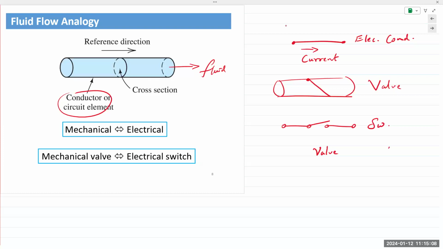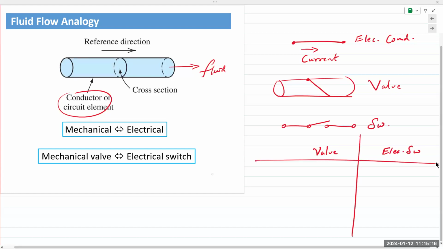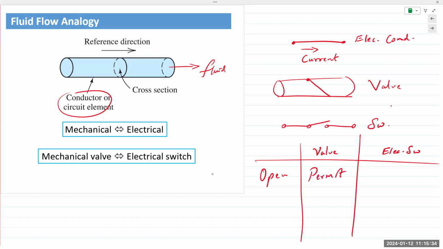So you may be used to the terms closed valve or open valve, right? For an electrical switch, it is the exact opposite. Right now, is this switch open or closed? It's intuitive. You may have seen this before, but now you know what an open switch looks like. So this is an open switch. If a valve is open, it will permit the fluid flow.